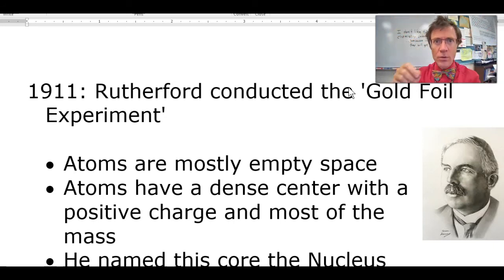So he hung this piece of gold, shot radiation through it, and around the gold he put what amounts to old photography paper, things that lit up when radiation hit it. It's like the old X-ray film, really. And what they expected is for things to kind of go through the gold foil, right?